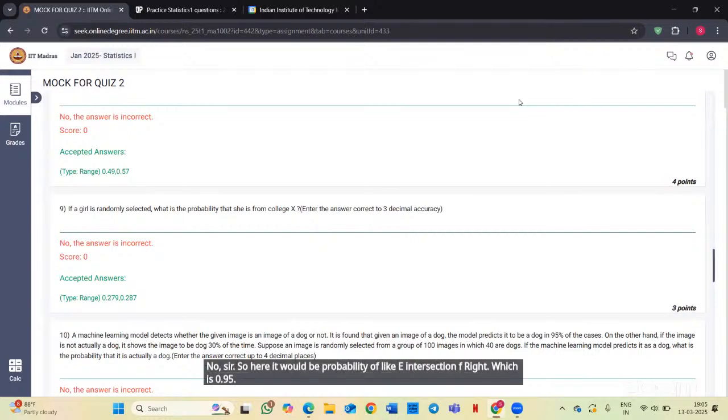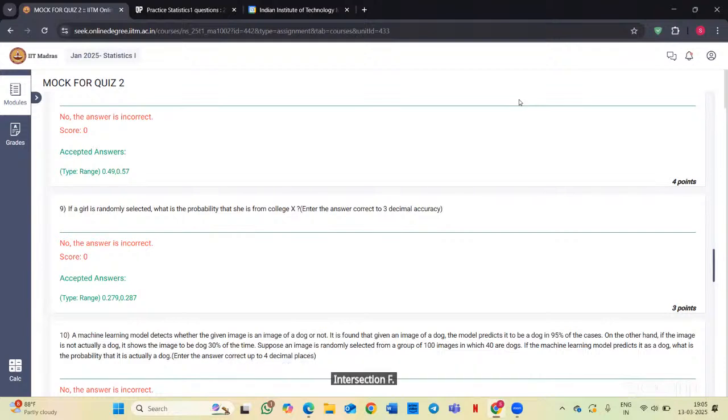Is it like it is a dog and it predicts, right? That slash is actually called given. So what are the two mutually exclusive events here that I am not able to predict?